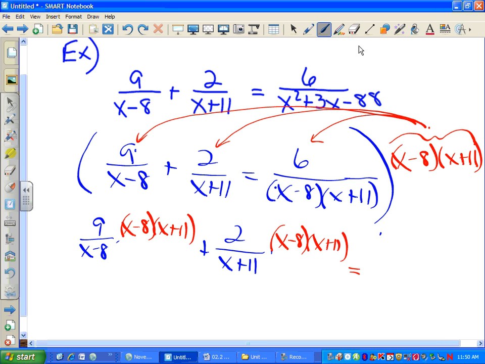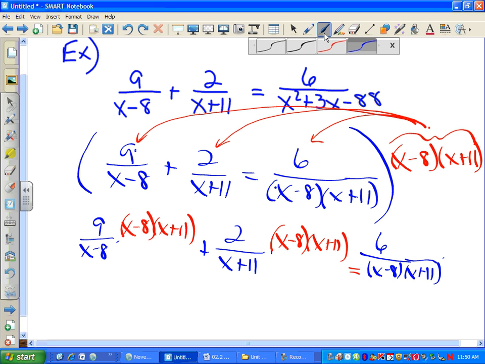Then I'm going to take my last term, 6 over x minus 8, x plus 11, and multiply it by my x minus 8, x plus 11. That didn't work out very well. Let's try again. You can, if you'd like, put a 1 underneath all of them. That didn't work out much better. But anyway. Okay.